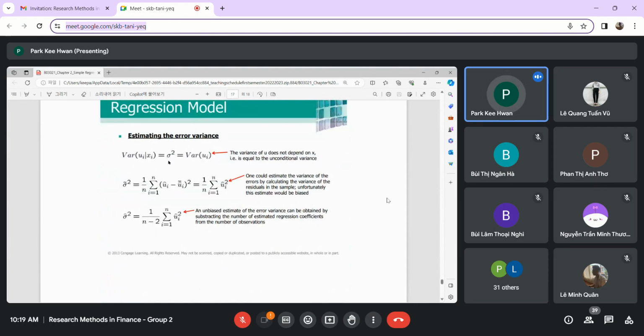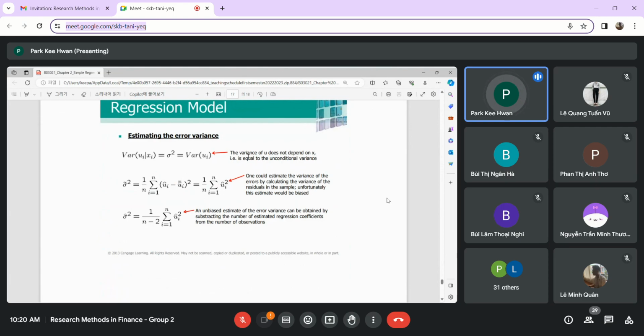Here we assume homoscedasticity, meaning that the variance of ui is independent of xi and constant. So we can say that the variance of ui is constant, sigma square.